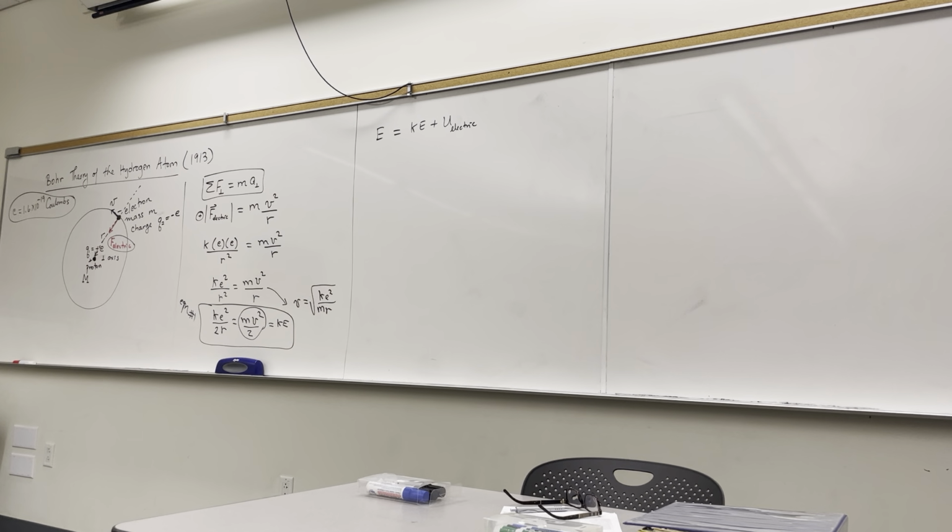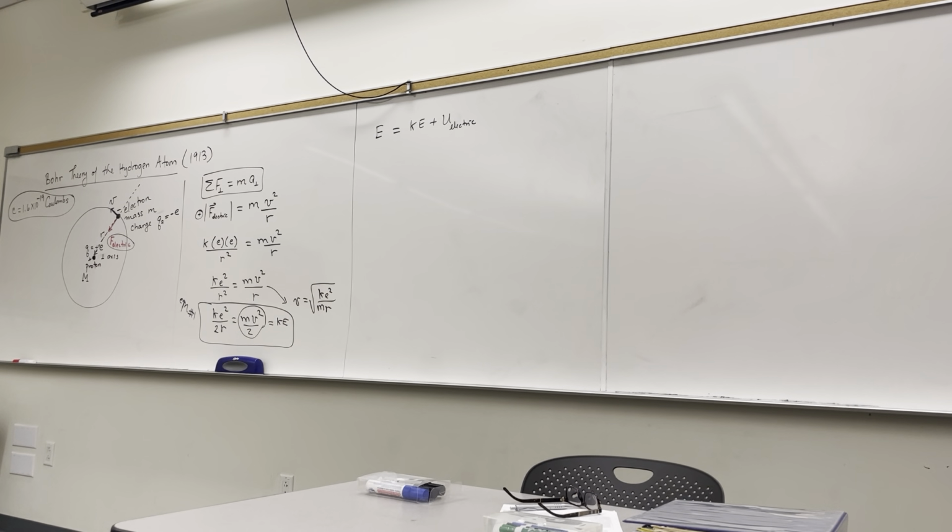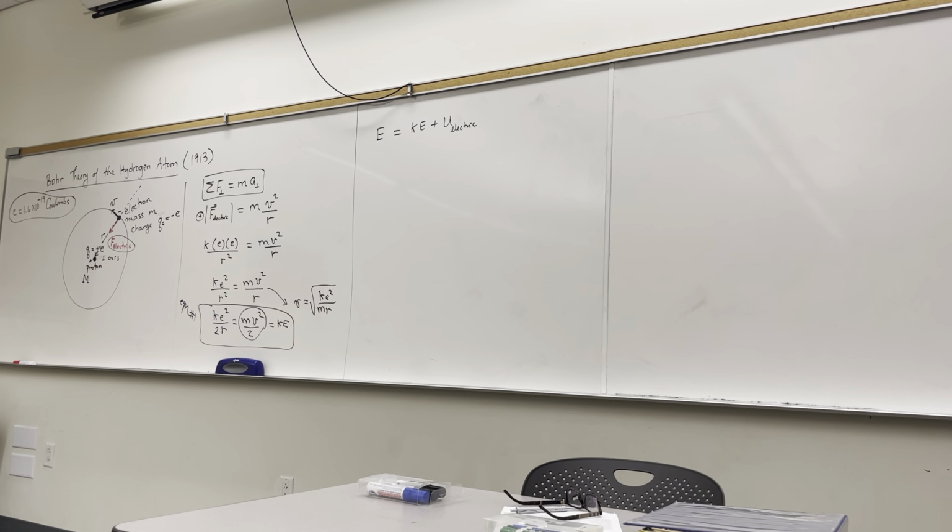Well, Coulomb wrote that the electric potential energy is Coulomb's constant times the charge of one of them, which is plus e, times the charge of the other one, which is minus e, divided by r. So it turns out to be minus k e squared divided by r. This is the electrical potential energy.